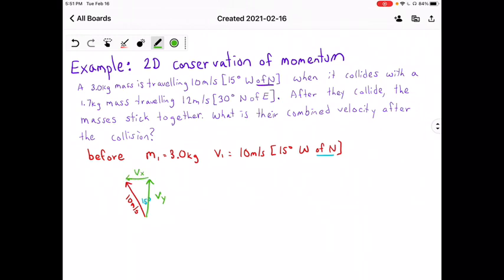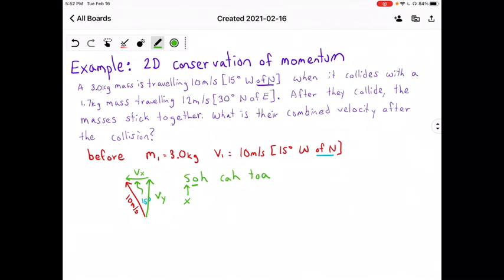And just thinking about SOHCAHTOA, you can see that the 15 is opposite from Vx, so it's the opposite, which means that x takes the sine.